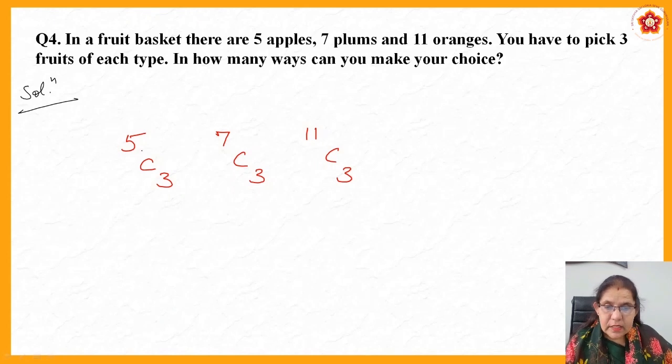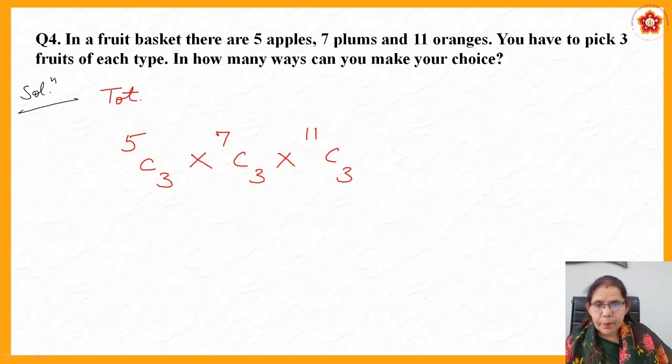So 11C3. Individually we have found for apples, plums and oranges. So the total number of ways will be, multiply these.